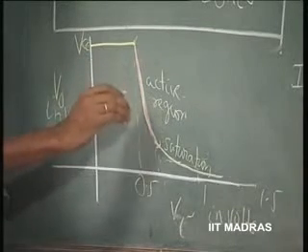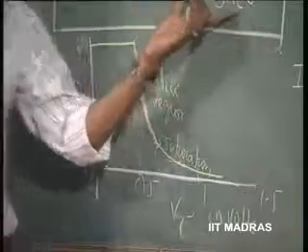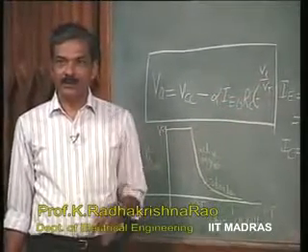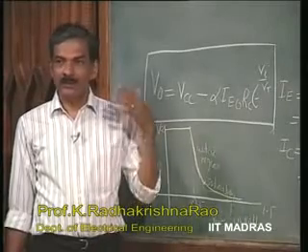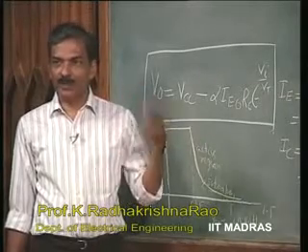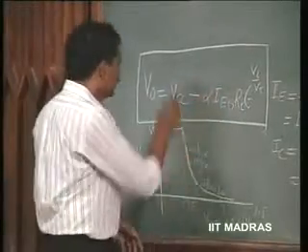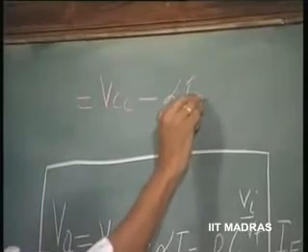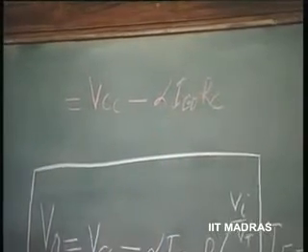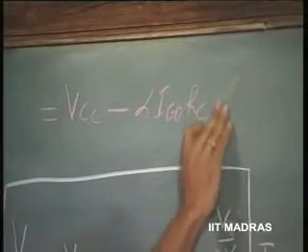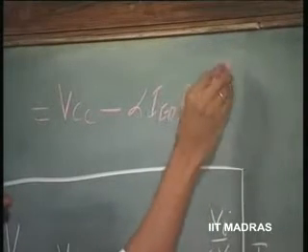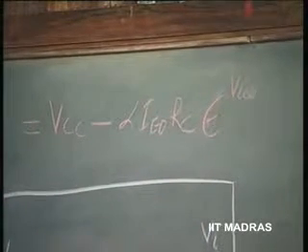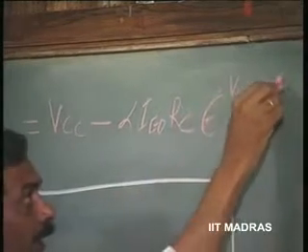only for small signal changes, because basically it is nonlinear, it is an exponential relationship. E to power Vi by Vt can be expanded as e to power x, which is 1 plus x plus x squared by factorial 2 plus x cubed by factorial 3, and so on. So basically V naught is equal to VCC minus alpha IE naught RC into exponent x, which, let us call it VIQ, some voltage which is constant, plus delta Vi.